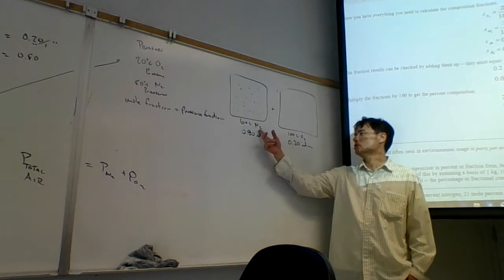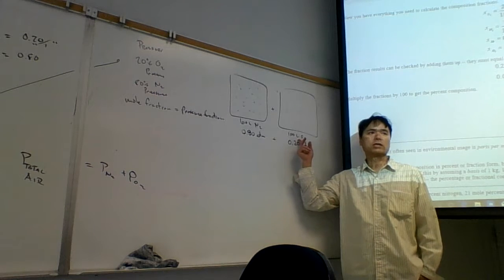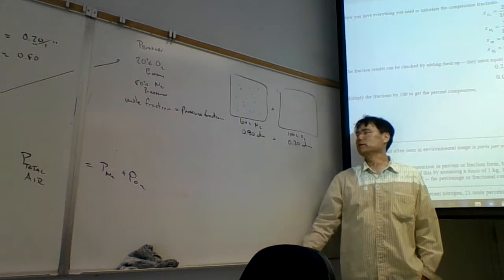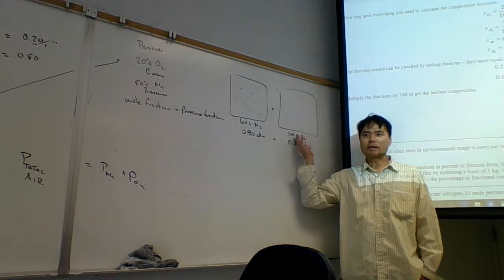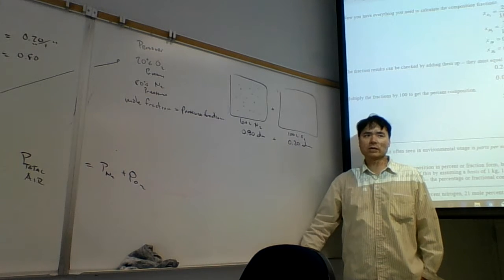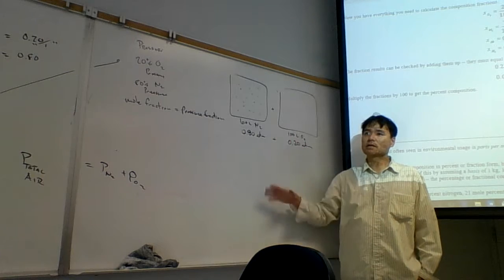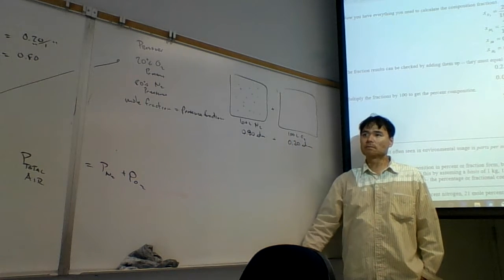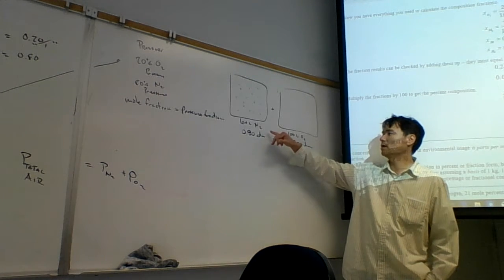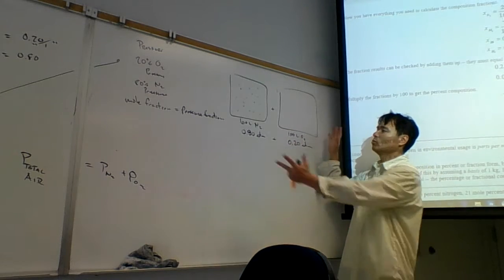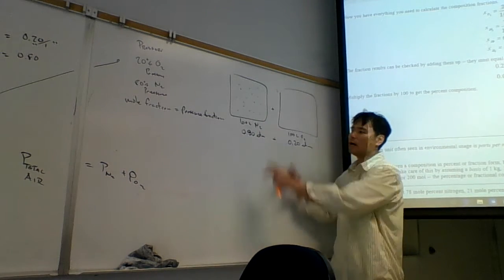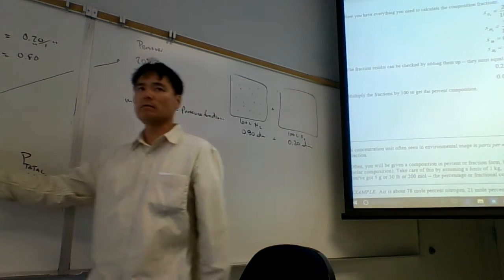1 liter of nitrogen plus 1 liter of oxygen equals how many liters? If I take a liter of nitrogen and add that to a liter of oxygen, how many liters do I get? You'd expect 2 liters, but I don't, because I have to put these all in the same box. So I take 1 liter of nitrogen and combine it with 1 liter of oxygen into a 1 liter box, and that gives me 1 liter of air.